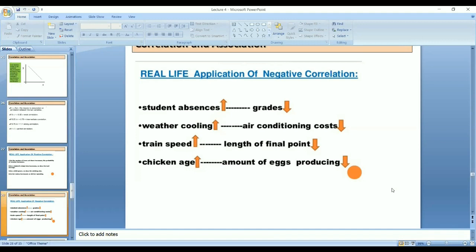Right now in our Nagpur, the weather is very hot, so the air condition cost is also increasing, so there is a positive correlation. As train speed increases, the time between two points decreases. As a chicken's age increases, the number of eggs produced decreases.